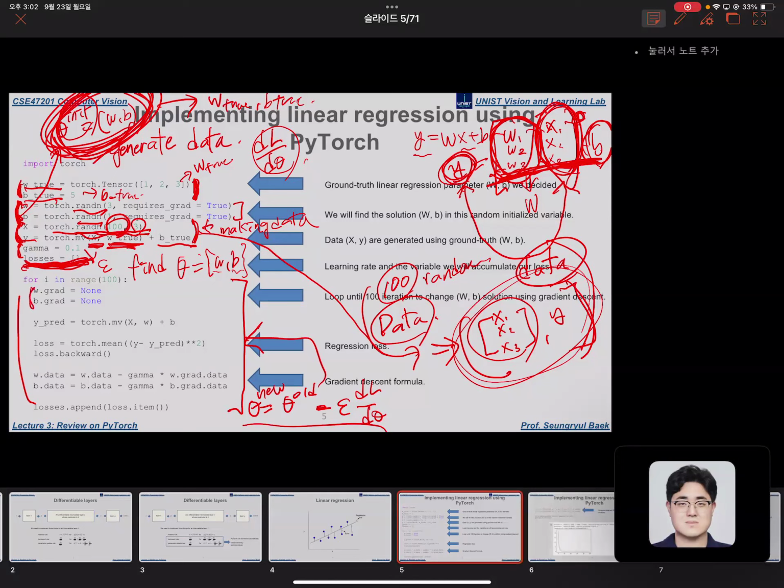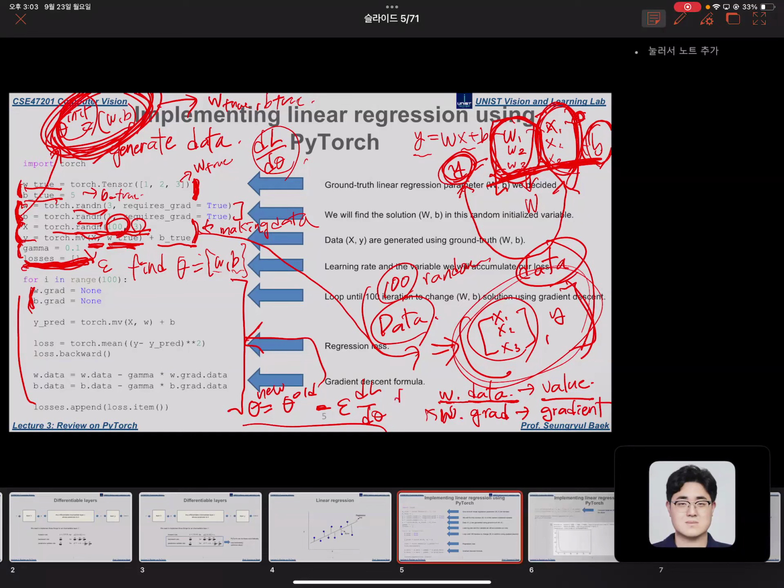For each variable inside PyTorch, we actually have 2 values. So for this W variable, we have 2 instance variables. If you call w.data, it has the value. And if you call w.grad, then it stores the gradient value.